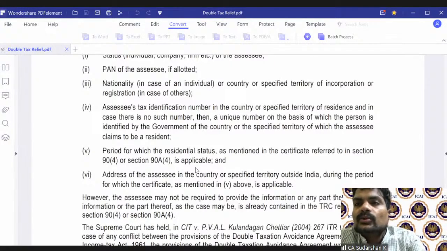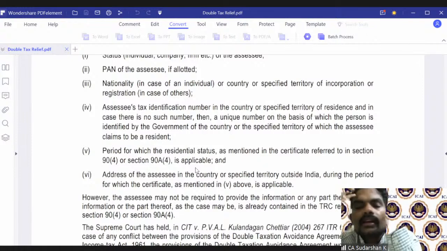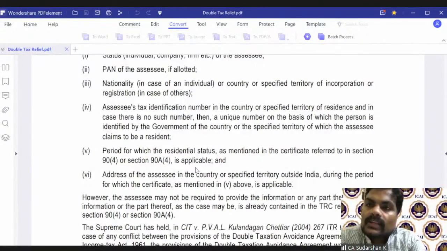You give something, you take something. Because two countries are coming together and trying to say who will tax whom, and how much they will want. So sometimes, for example, with Mauritius, what happened when India negotiated the tax treaty with Mauritius?